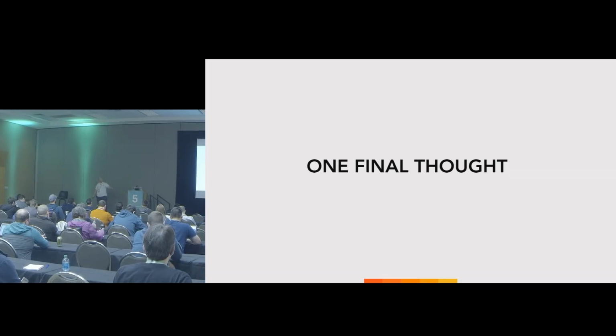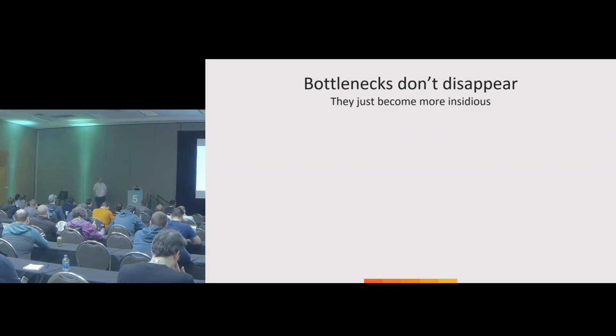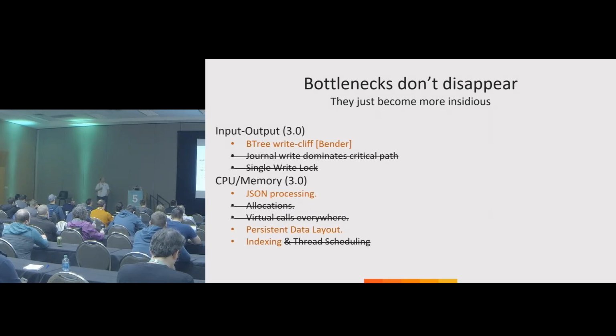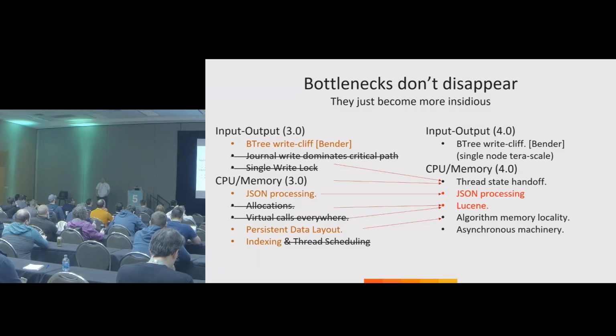But the problem is that when you are done, you are not done. And this is what I wanted to convey. Your bottlenecks never, ever go away. They just become more insidious. Because now what used to be a bottleneck that you fixed in 2 months, and you were like, hey, this is great, your next bottleneck is going to be an order of magnitude more complex.